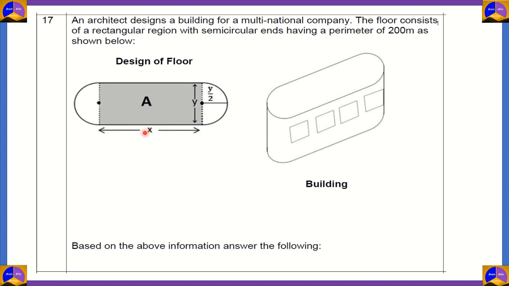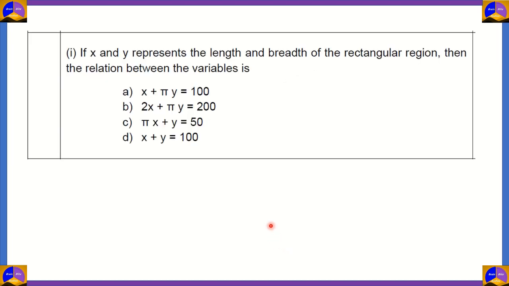The length is given as x, and the breadth is given as y, and the radius of the semicircular end is y by 2. Based on the above information, we have to answer the following. This is sub-question number 1. If x and y represent the length and breadth of the rectangular region, then the relation between the variables is.